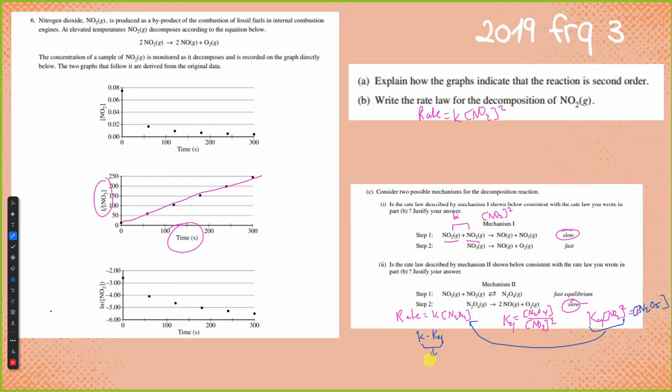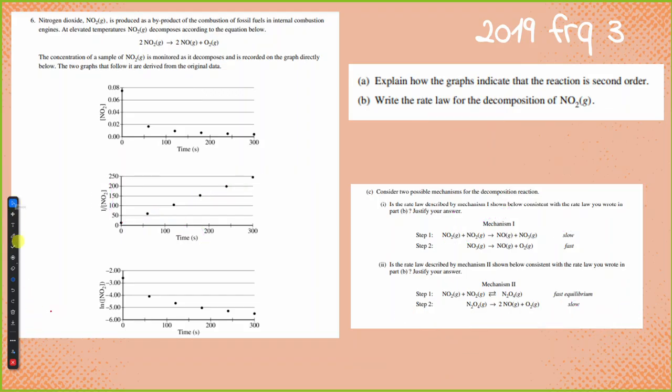This turns into a new k, and then times [NO2] squared gives us the rate here, like so. So both of them you would say yes to go with the proposed rate law up above. Both of them would. All right, so trash, clear my drawings, move on, next slide.